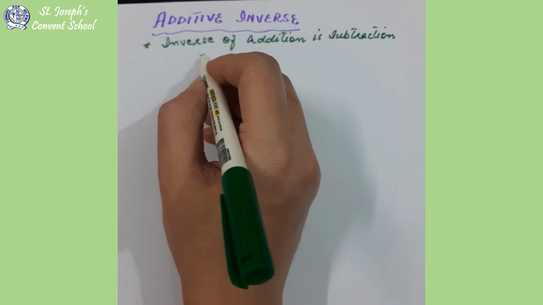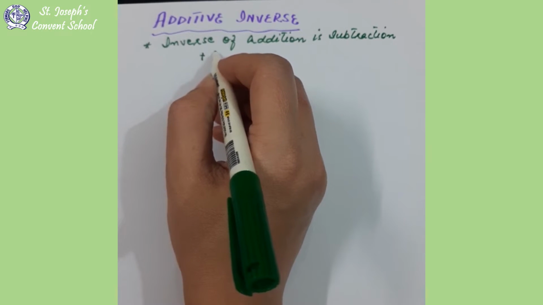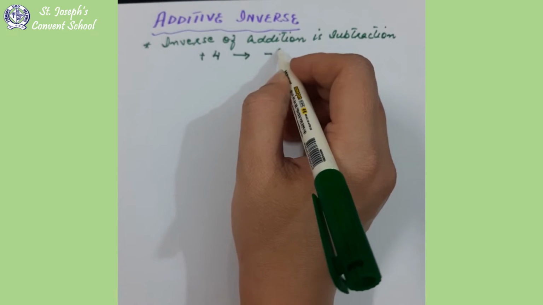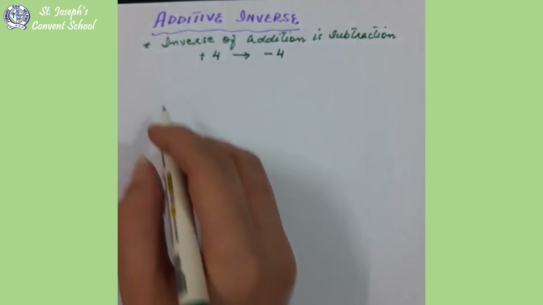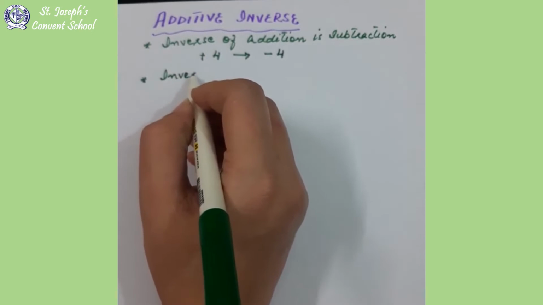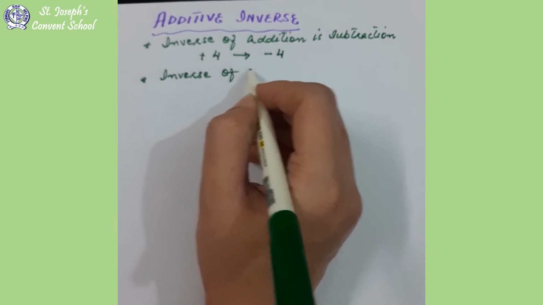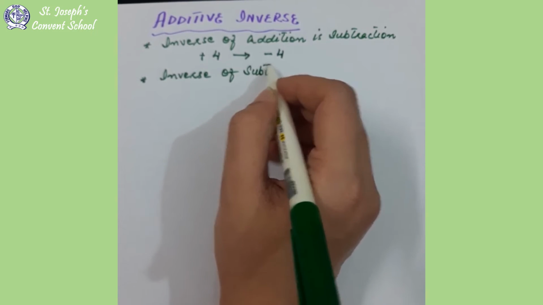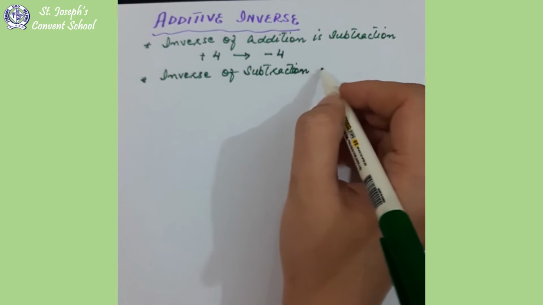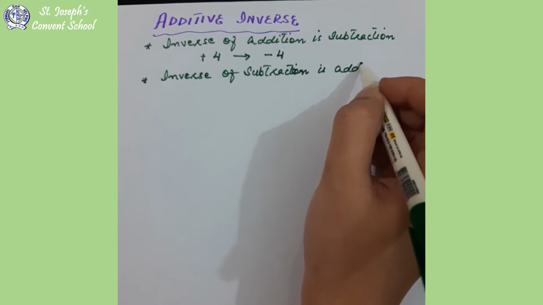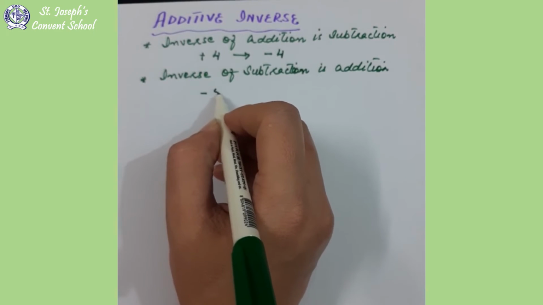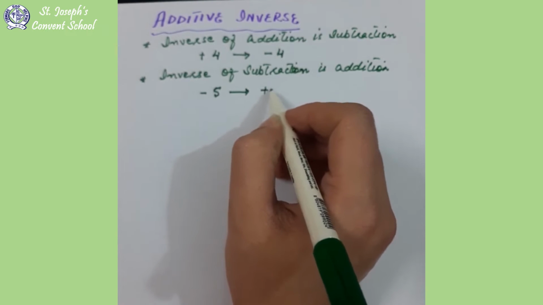For example, if plus 4 is given, the additive inverse is minus 4. Okay, same way, the inverse of subtraction is addition. So suppose if it is minus 5, the additive inverse is plus 5.